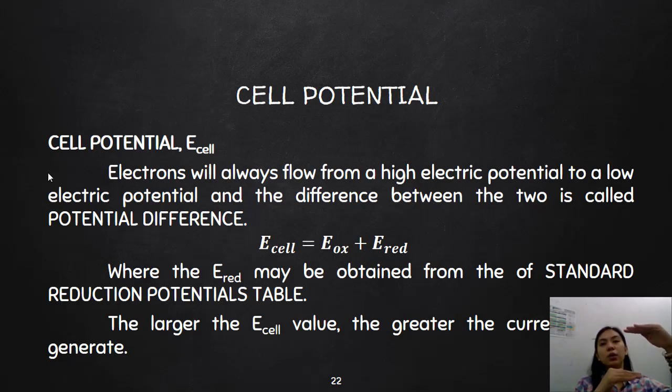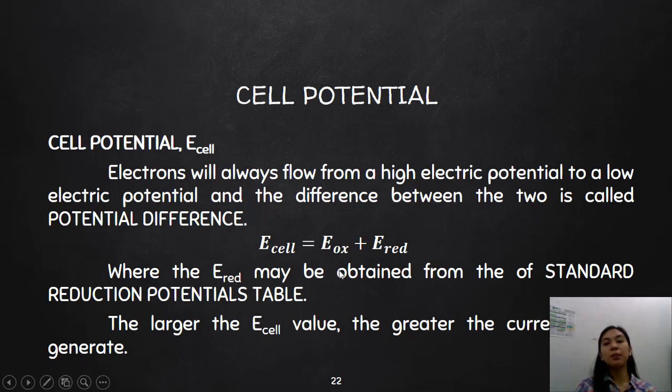And it is the one that we will be calculating using this particular reaction, wherein we have your E sub cell equal to your E sub ox, which stands for your oxidation, plus your E sub red, which stands for your reduction. Kaya it's very important that you are able then to identify which is the oxidation and which is the reduction reaction, kasi pag-aadin mo sila to get the cell potential. Okay?